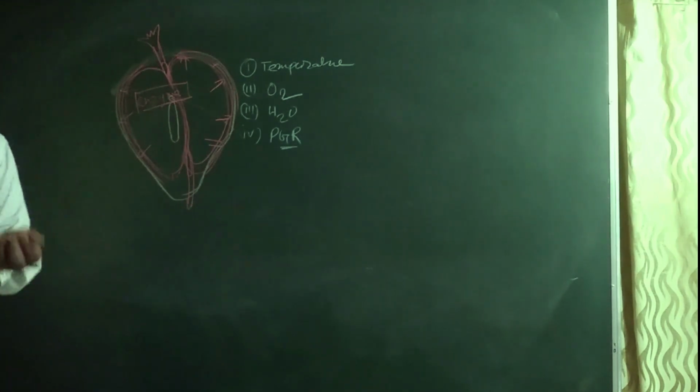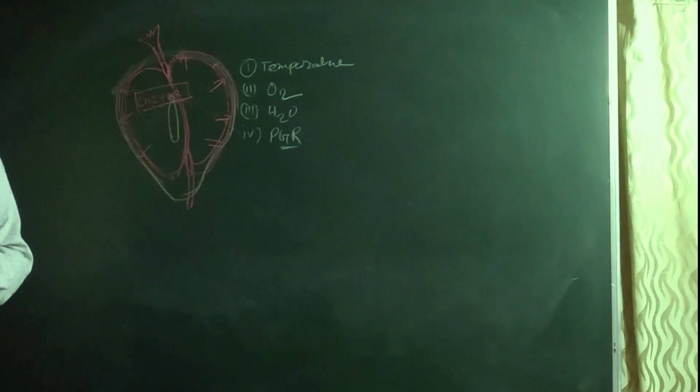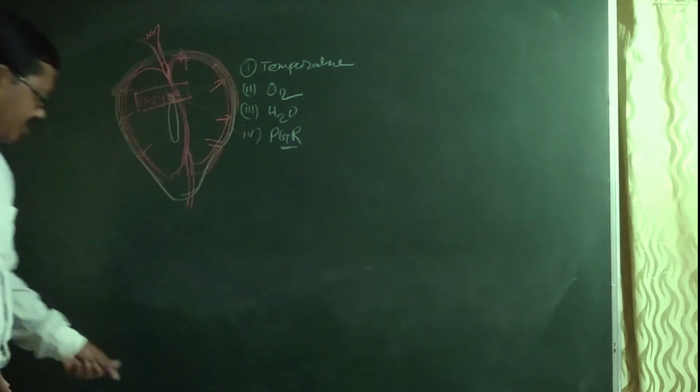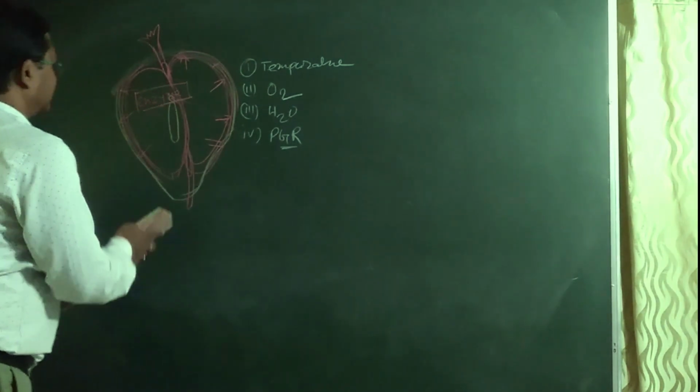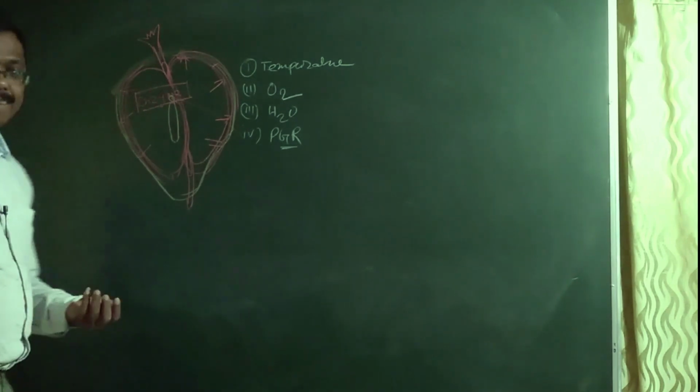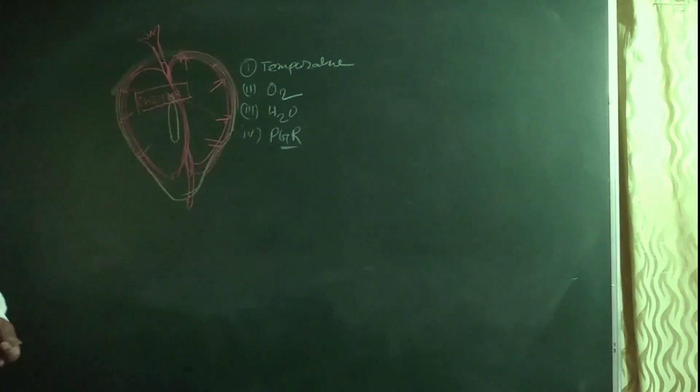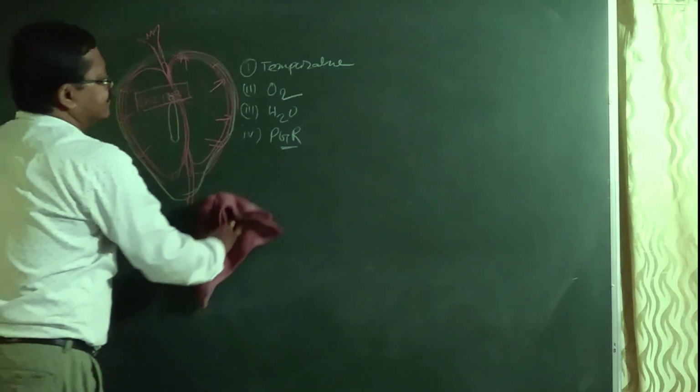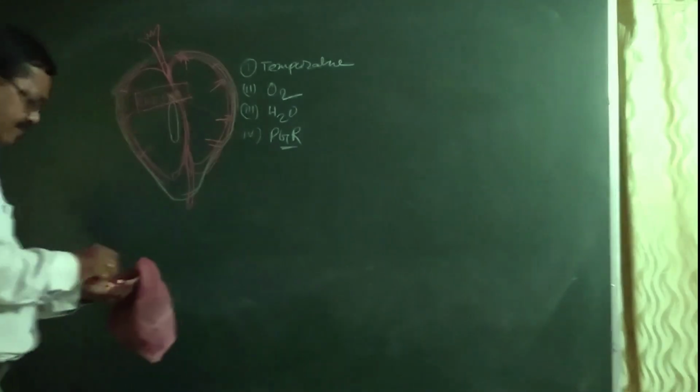When the seed germinates, on the basis of the germination type, plants are differentiated into two categories. The question arises: how many types of germination?